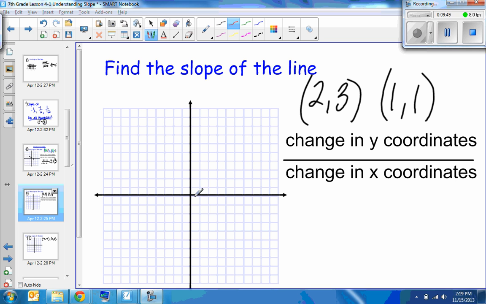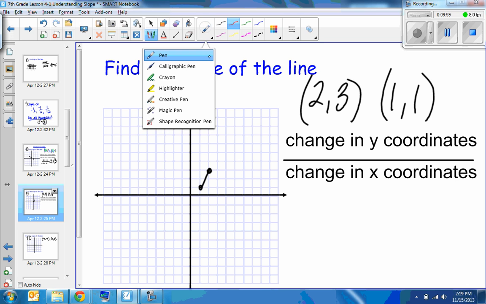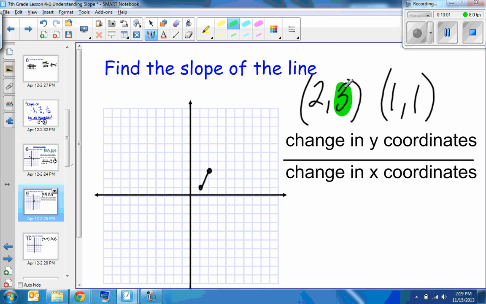I can plot 2, 3 and 1, 1. So I want to find my change in y over my change in x. So 3 minus 1 and 2 minus 1.